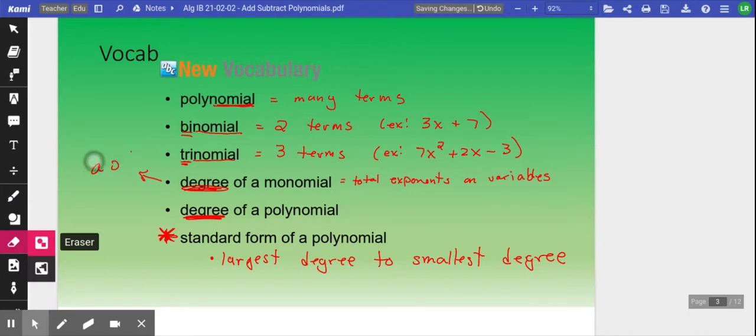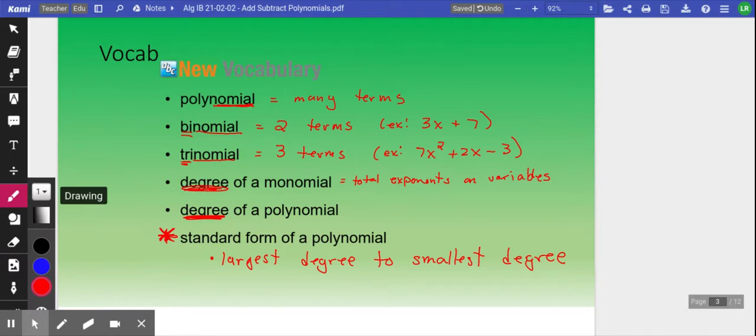Now we're going to see primarily problems that just have one type of variable. So that first one would be probably one that you would see more often. Now, the degree of a polynomial is basically the biggest monomial degree. And we're going to see that here in some examples.